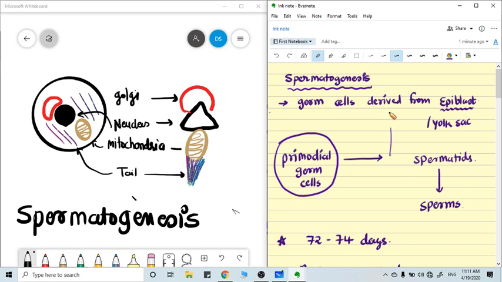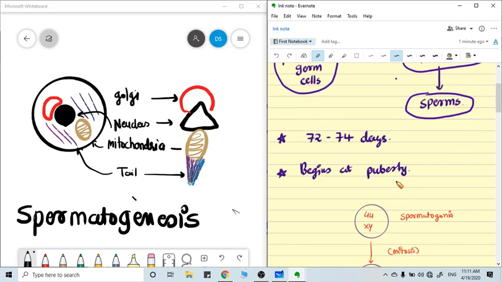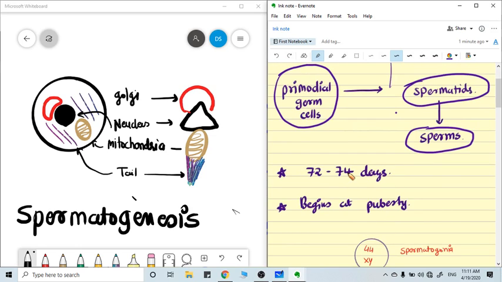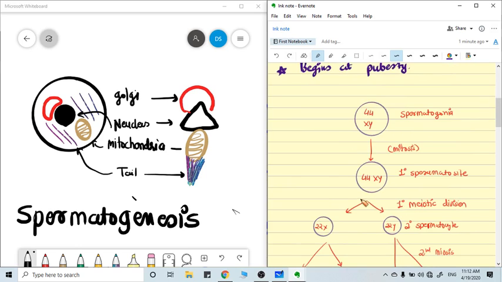From primordial germ cells they convert into spermatids, and from the spermatids they convert into sperms. Total duration of this spermatogenesis is 70 to 74 days, and it begins at puberty in males.